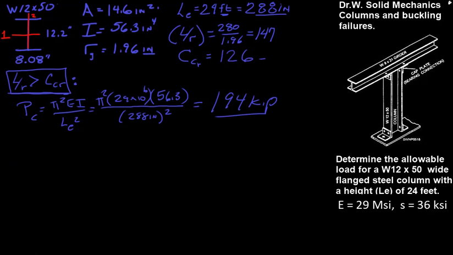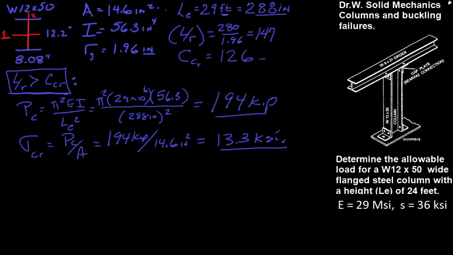We could also calculate the critical stress as P critical on A, 194 kips, and the area we found from the tables to be 14.6 inches squared. We'll get 13.3 KSI.